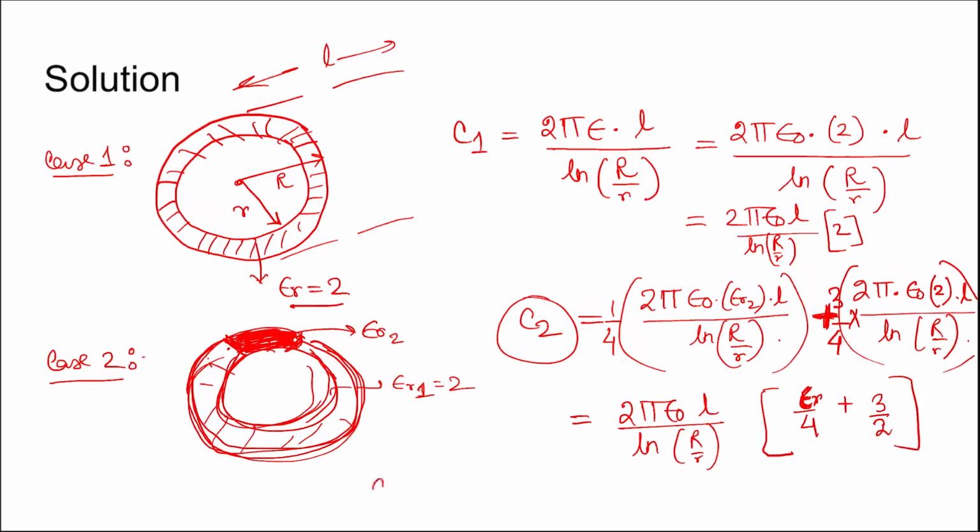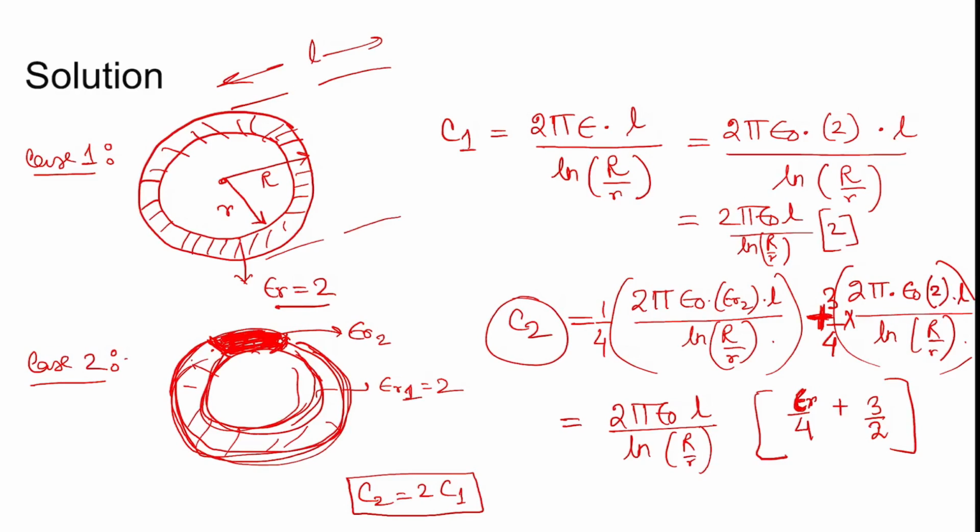Now it is given that C2 is equal to 2 times C1. C1 is 2 pi epsilon naught L divided by ln R by r times 2, so C2 is 2 times 2 times this common factor.